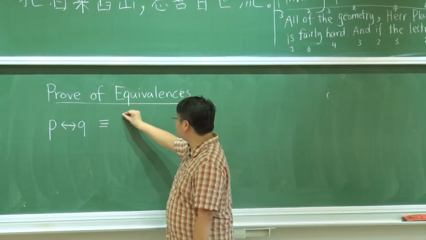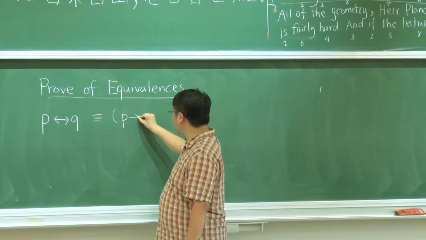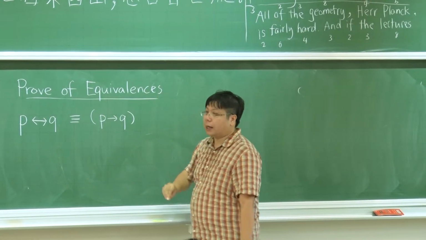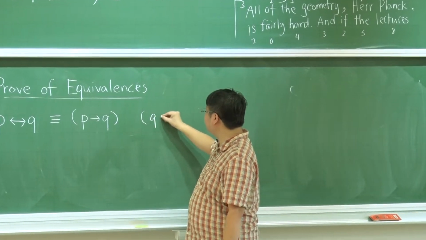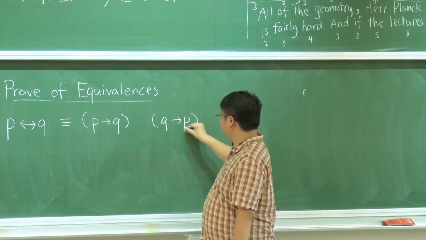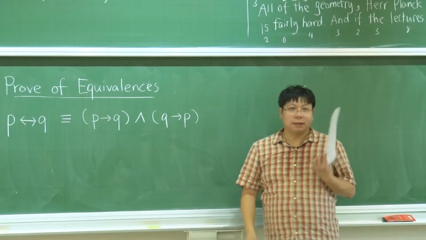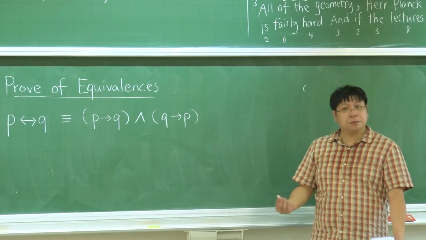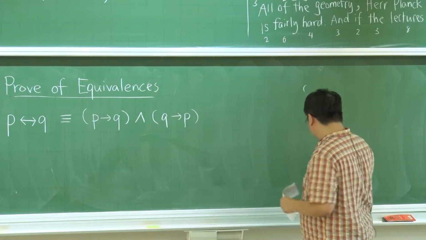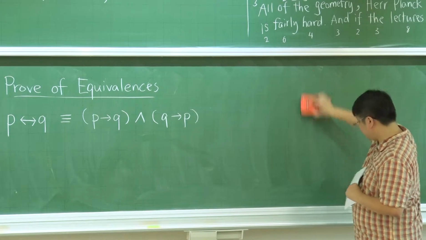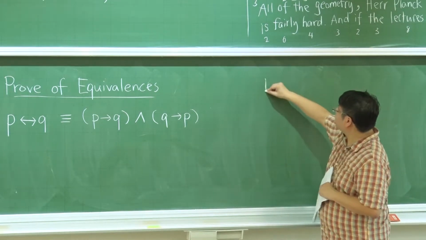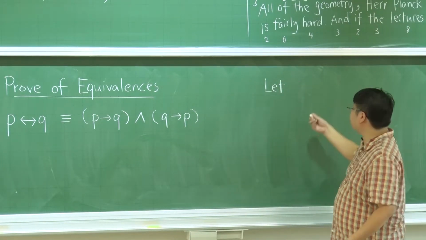It is to show that P implies Q, and at the same time, Q implies P. This is something that we have actually shown before.